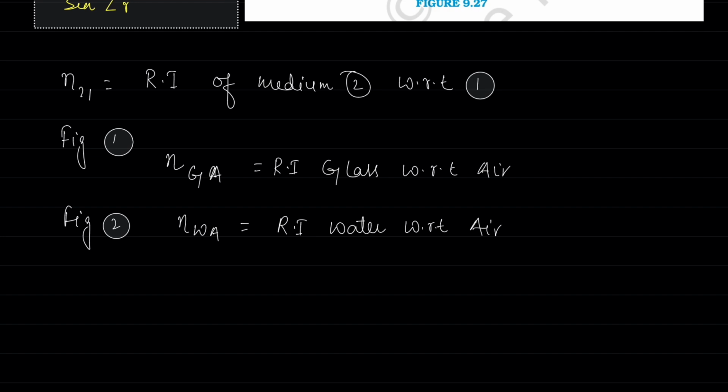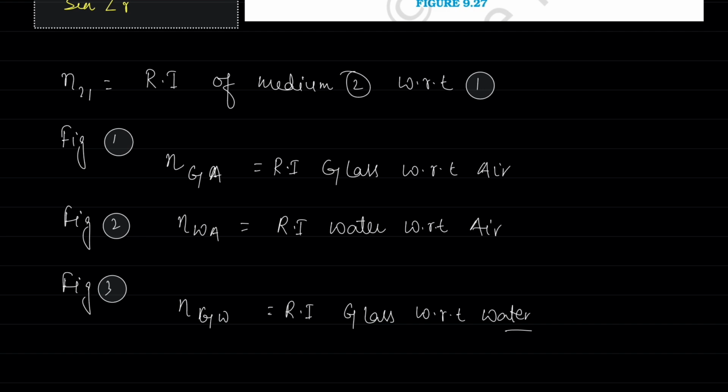So the incident ray goes from water to glass, and for figure 3 we write NGW, meaning the refractive index of glass with respect to water. The refractive index of glass with respect to air can also be written as Ng by Na.